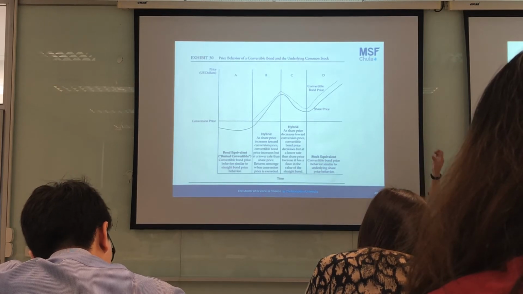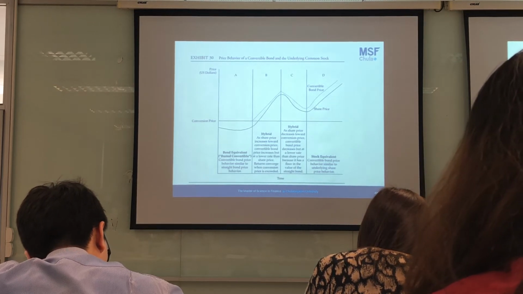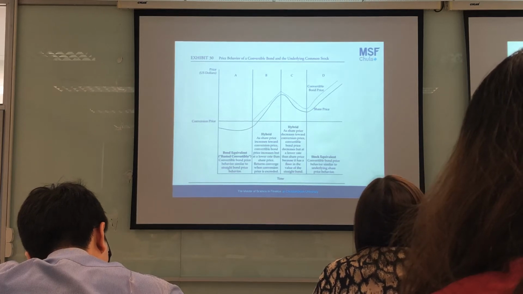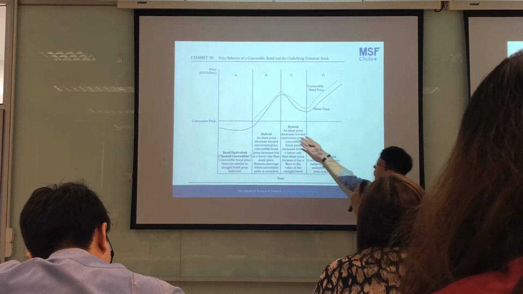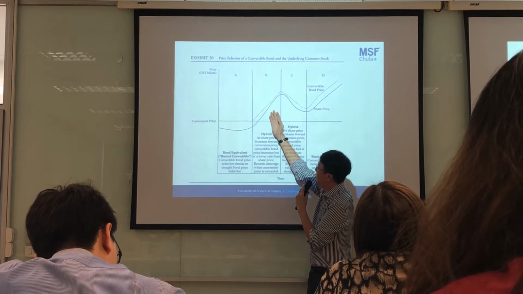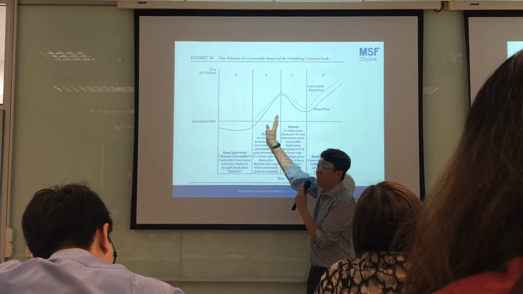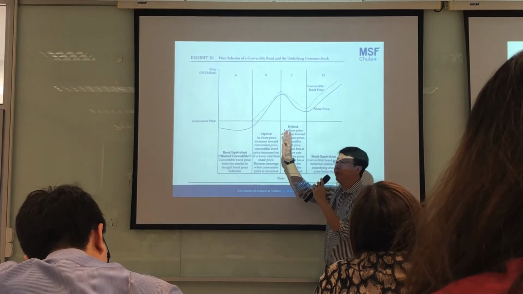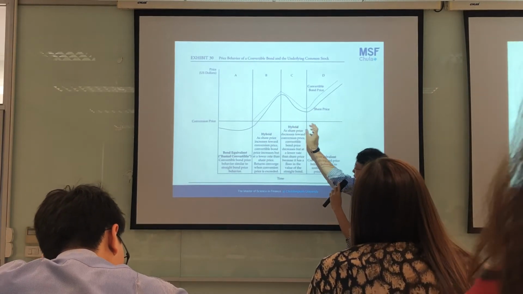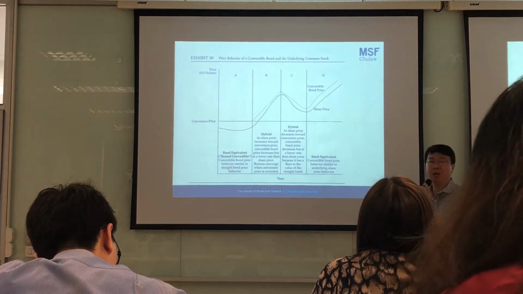Right now we are talking about the nature of the convertible bond due to the option on the stock. Okay, when the stock price moves higher than the exercise price or conversion price, then the convertible bond and the stock price would move together with the slope most likely close to 1.